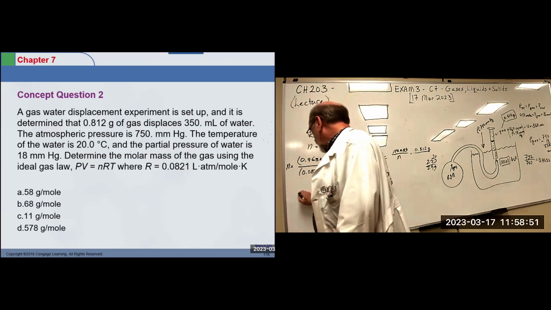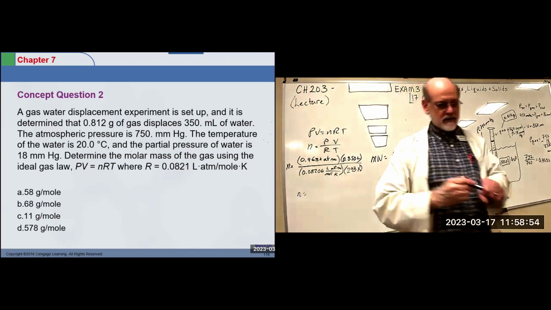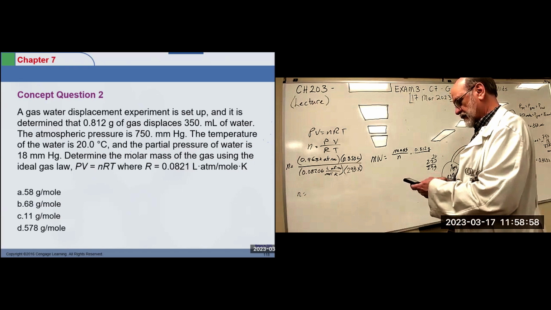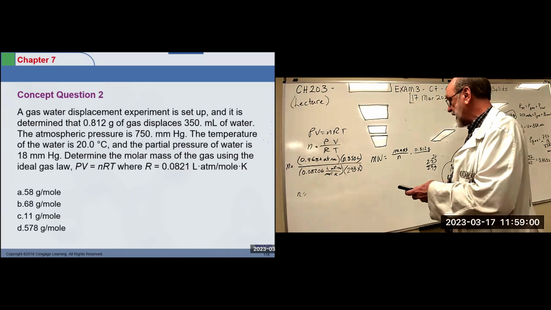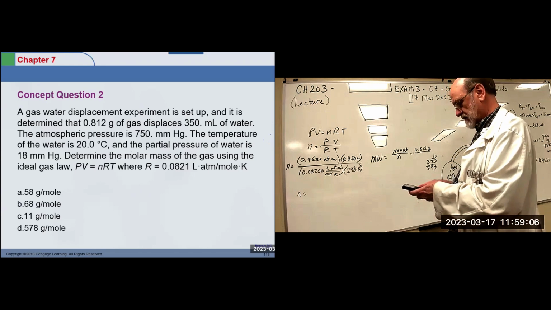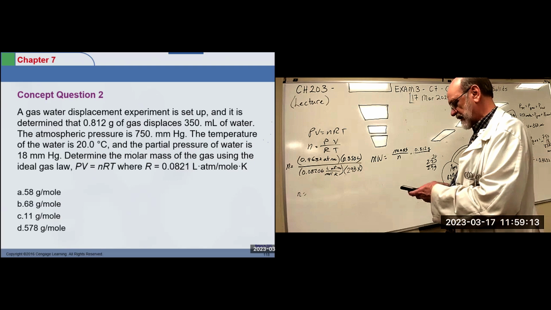There we go. So now we can solve for the number of moles. 0.9632 is already in there. 0.35. I better do that again. 0.9632. I hit the wrong key. 0.35. 0.08206 divided into that, and 293 divided into that.